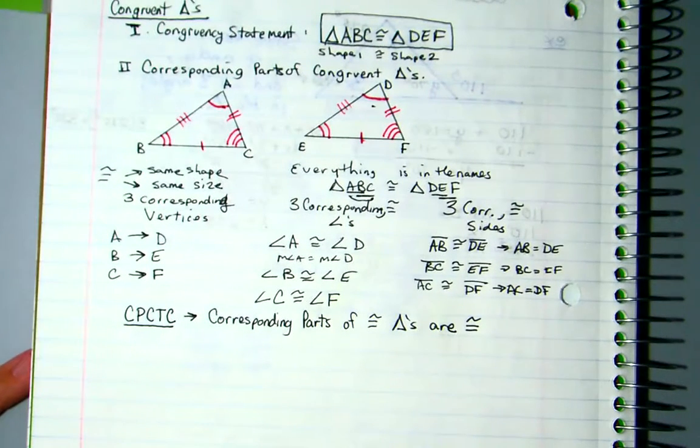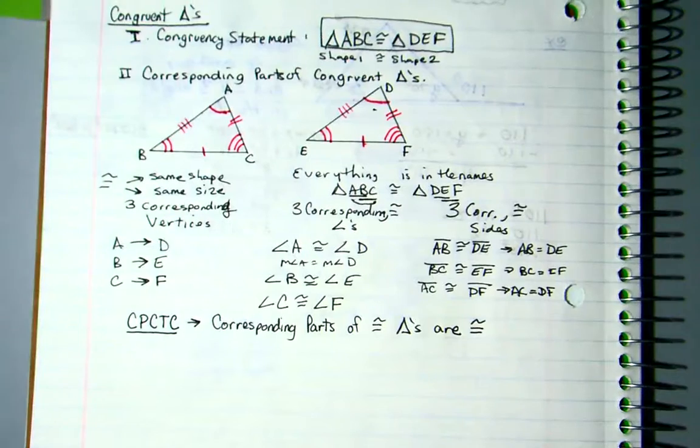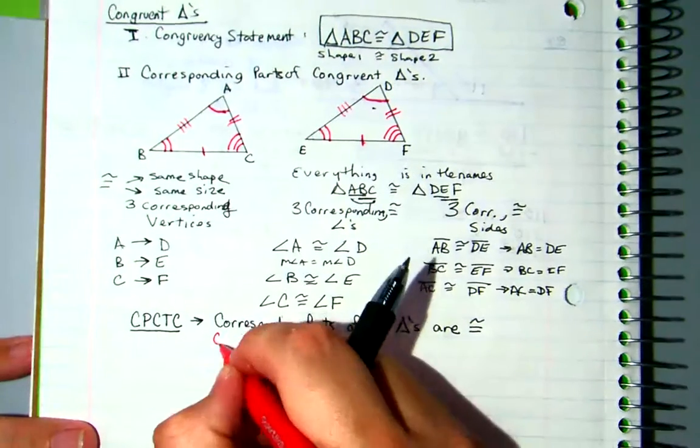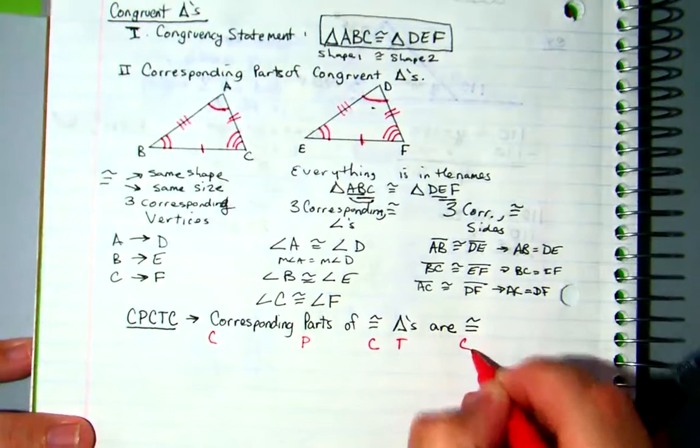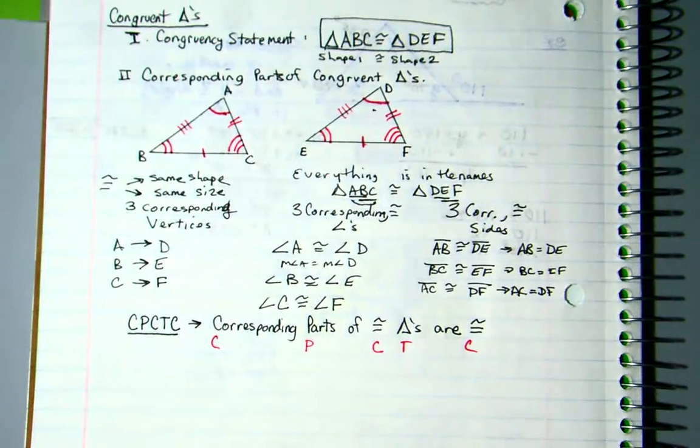When we do proofwriting, that's the nice thing, as soon as we find out that the triangles are congruent, then we know all their corresponding parts are congruent as well. And here's the CPCTC. That's where it comes from. Corresponding parts of congruent triangles are congruent.